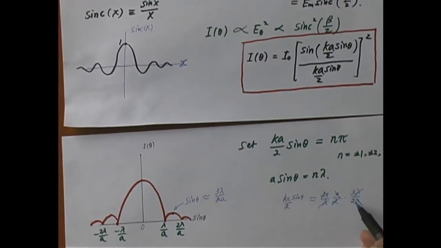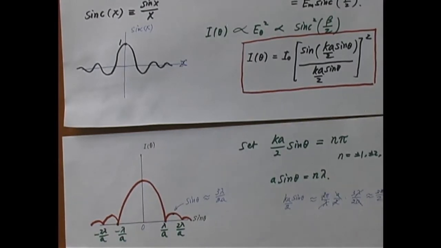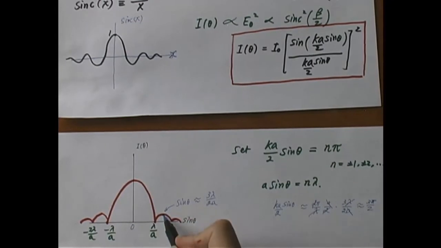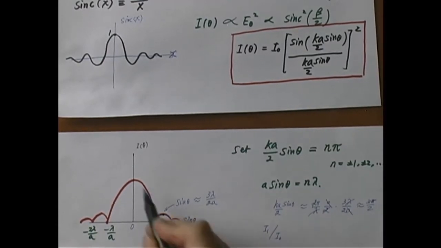You get roughly 3 pi over 2. So that is what happens in the denominator. Therefore, the intensity at this point, let's call it I1, I1 over I0 is roughly equal to, okay, look.